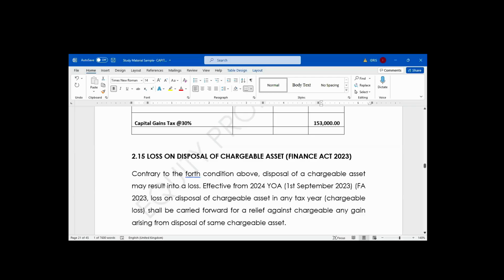You cannot relieve loss on disposal of a motor vehicle from a gain on disposal of land. Do you understand? Yes. It must be the same assets. Are we making sense? Yes, sir.